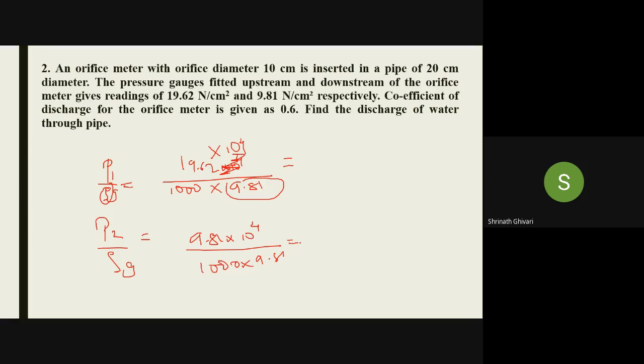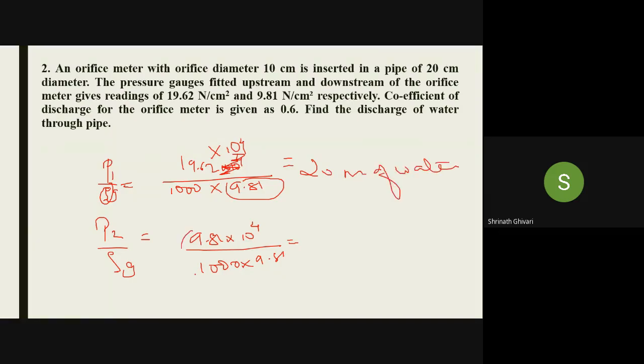What is P1 by rho G equal to? You tell me P1 by rho G. 20 meter of water, because you have taken everything in terms of meter.